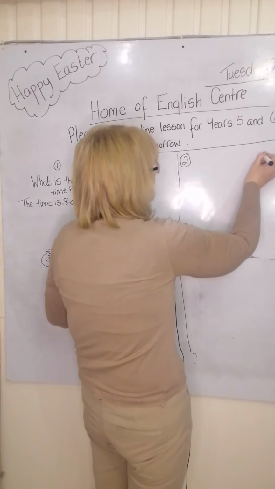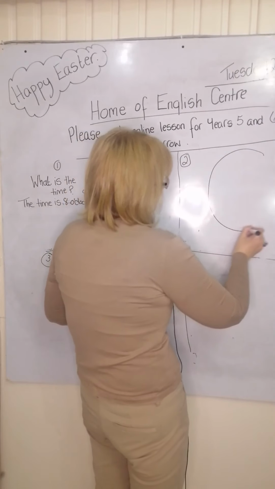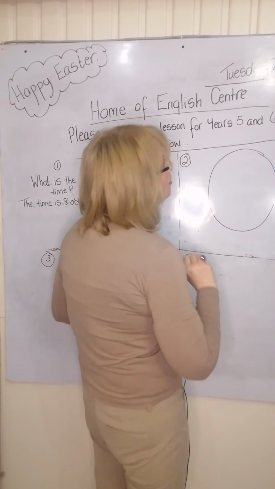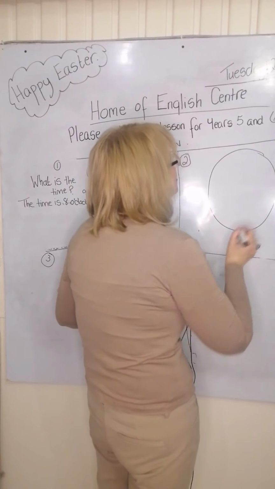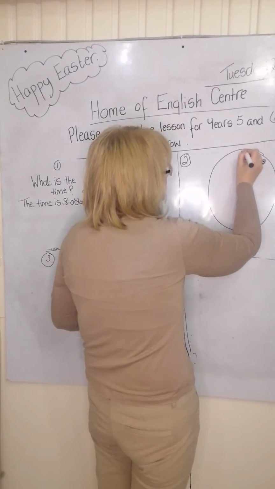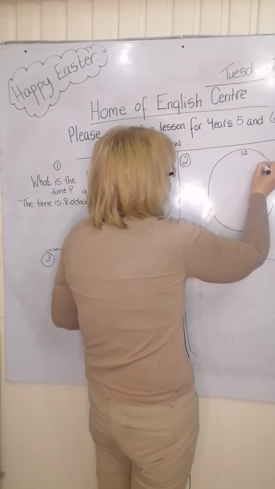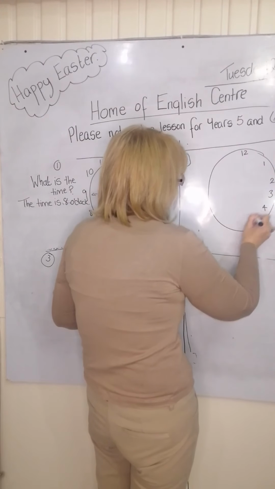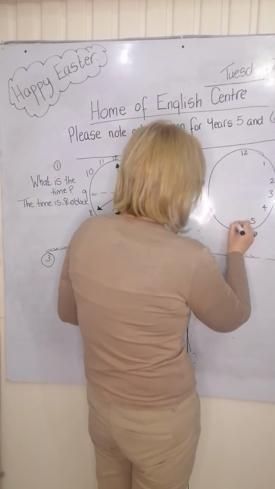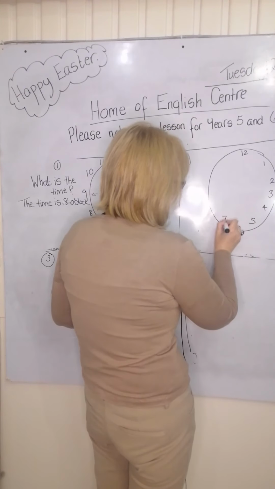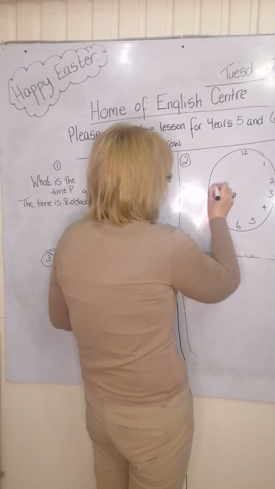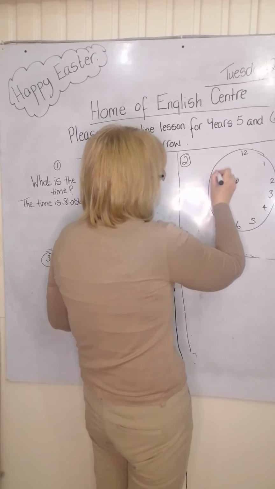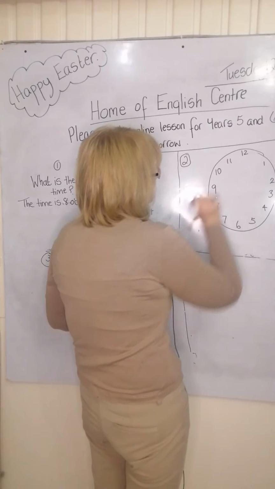Let's go on to the next one. Here is our clock. So let's put our numbers in. 12, 1, 2, 3, 4, 5, 6, 7, 8, 9, 10, and 11.